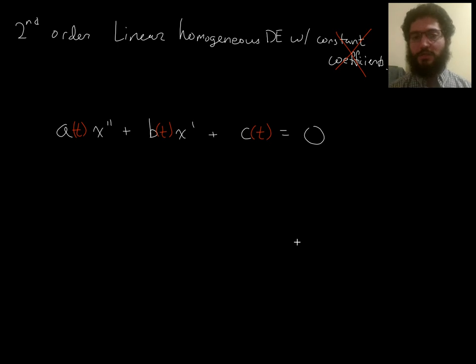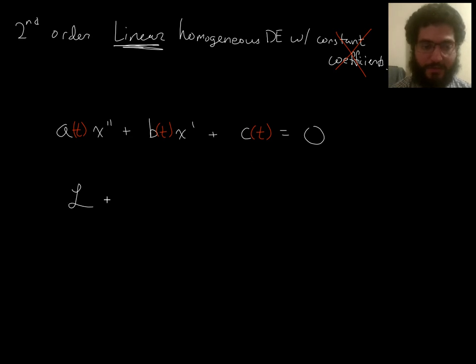Except not totally in general. So this is what we're going to do for today and for Friday's lecture. So with these kinds of differential equations, they're still linear, and that's the awesome part.